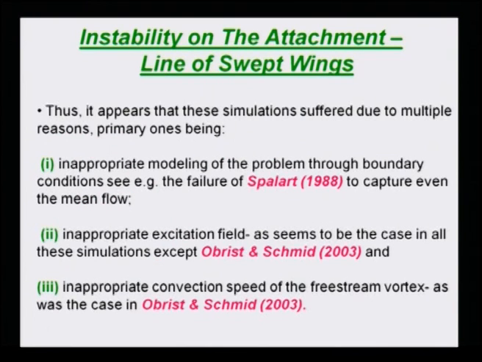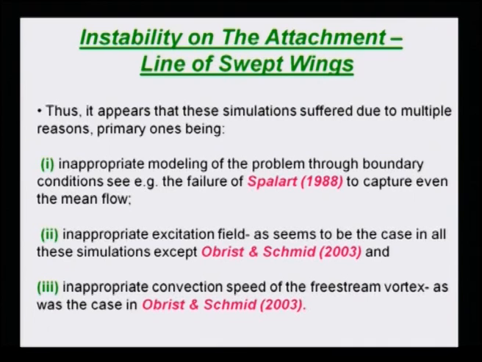Okay, so it appears that all the simulations suffered for various reasons. The primary one, of course, is the inappropriate modeling of the problem through the boundary condition. For example, look at the failure of Spalart, who could not even capture the mean flow, or inappropriate excitation field, as was the case in Obrist and Schmid.